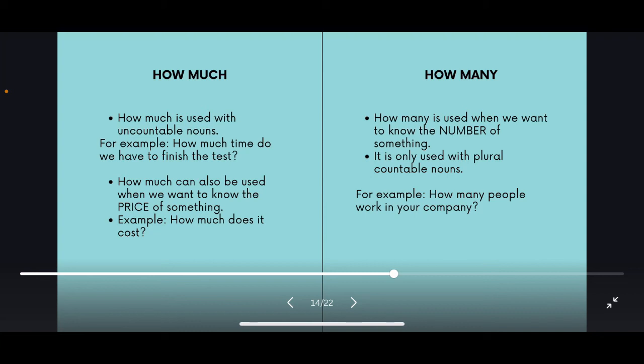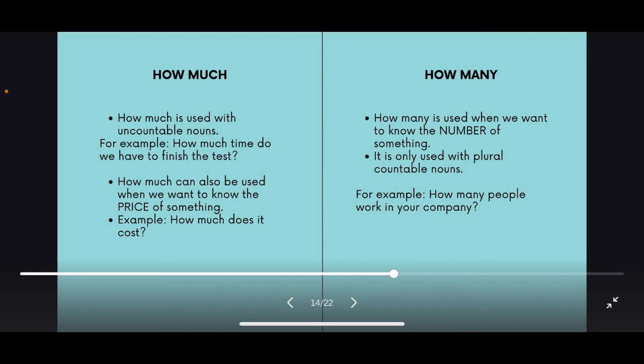For example, how much time do we have to finish the test? In this sentence, the word time is an uncountable noun, okay? And we also use how much when we want to know the price of something. For example, how much does it cost me?